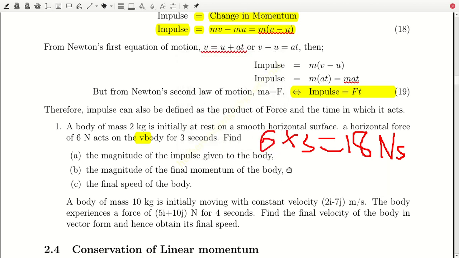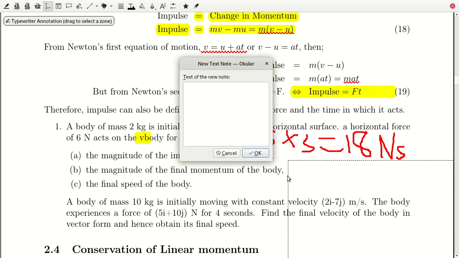Yeah, which is similar to this. So they are asking for the final speed of the body. Now to determine the final speed of the body, I'm going to use that same tactic. We have got the final momentum, which is 18, but momentum is the same as speed times mass, which is 2 kilograms.